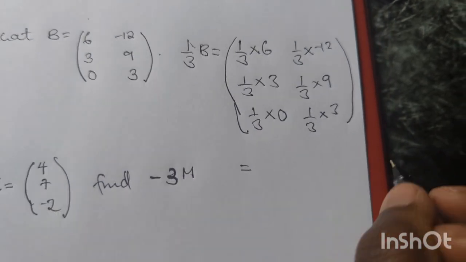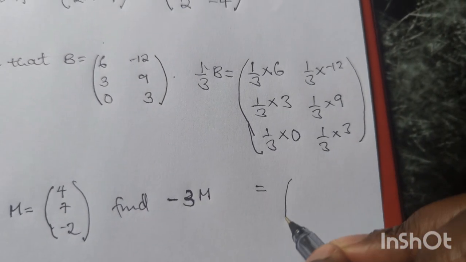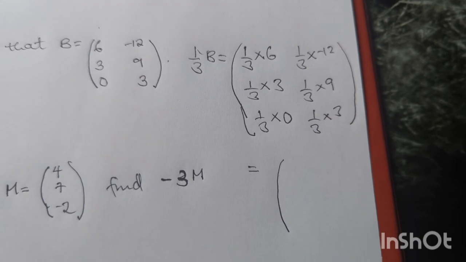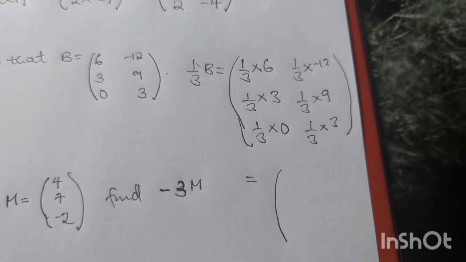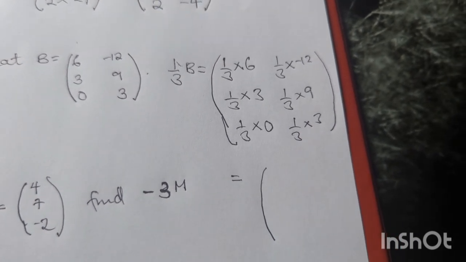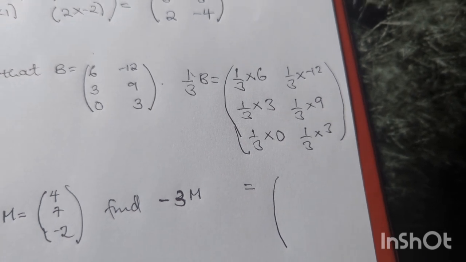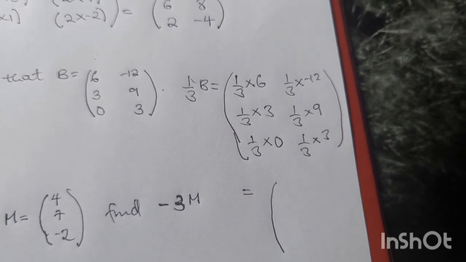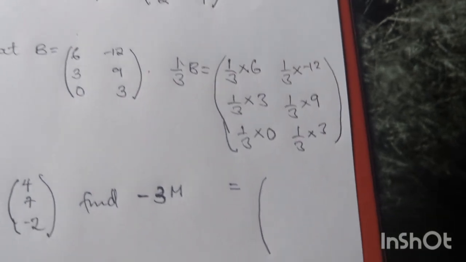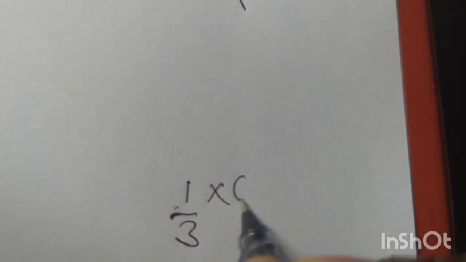Okay. Then we are going to have... Now, how do you multiply a fraction and a whole number? Just think. Okay. 1/3 multiplied by 6. So how do you do this? Let me zoom. 1/3 multiplied by 6.